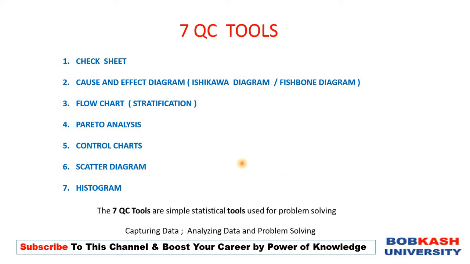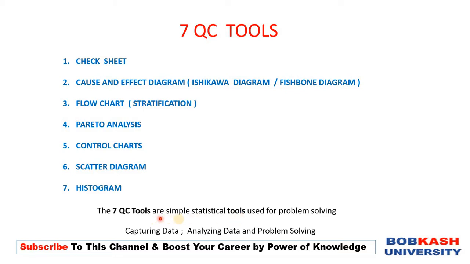So why do we need the 7 QC tools? We need the 7 QC tools as simple statistical tools that we want to use for problem solving. In order to solve problems, these are nothing but simple statistical tools which we need in our day-to-day processes in our workplace.